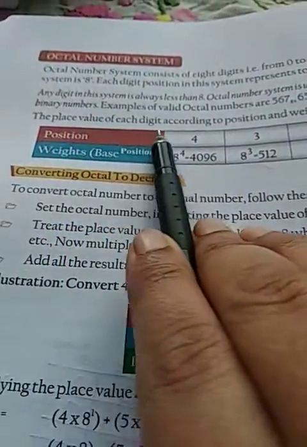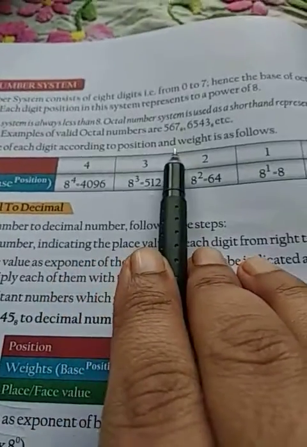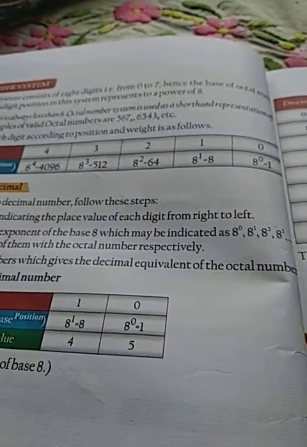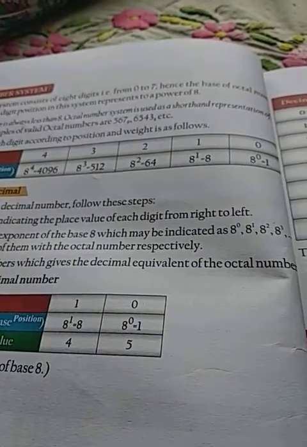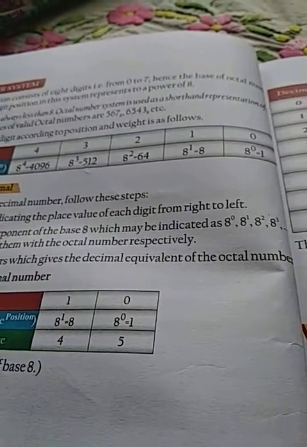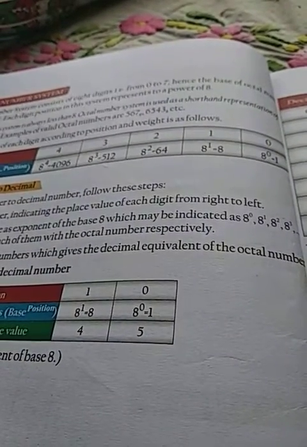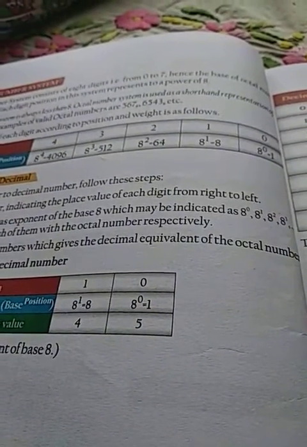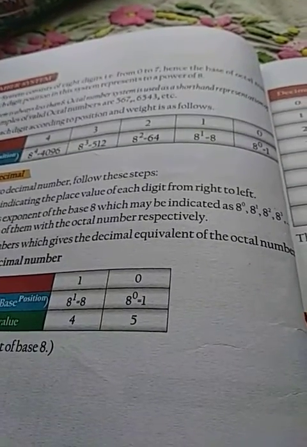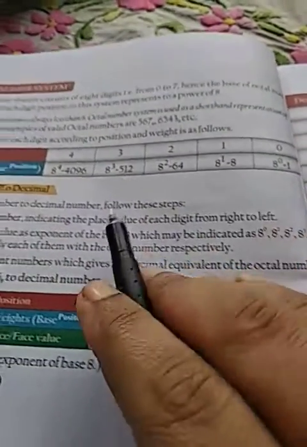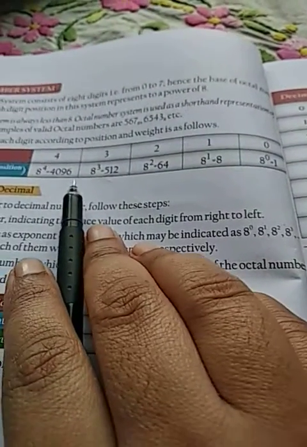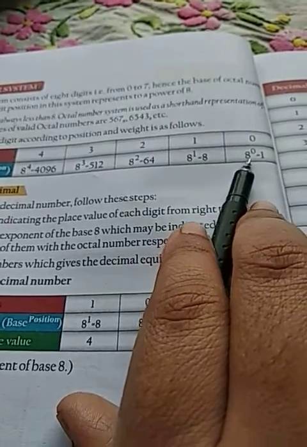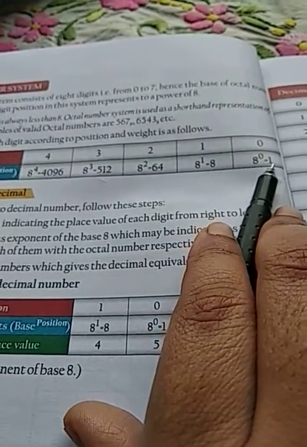Now the place value of each digit according to position and weight is as follows. As we had learned in binary numbers, the base was 2. Here, the base is 8. So its position and weightage will depend upon its base, and the base is 8. Let us take an example here. The first digit will weigh 8 to the power 0, that is 1.